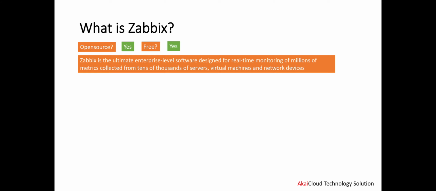We can get the log metric from the process. We can customize the metric through API or scripting, whatever. It is very, very useful monitoring. So I recommend installing Zabbix, or using Zabbix, over anything else.